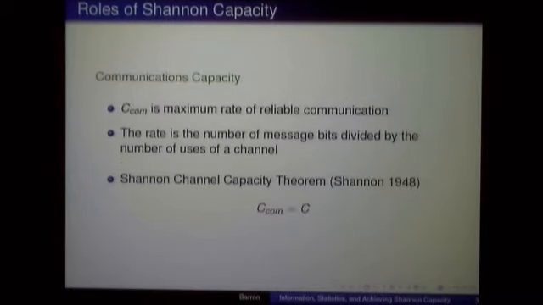The communications capacity, C_com, soon to be called C, long ago called C by Shannon, is the maximum rate of reliable communication, rate being the number of message bits divided by the number of uses of a channel, where an encoder would choose what to send from the set of messages, and a decoder would be decoding the message reliably. The largest value of that rate, the supremum of those rates, would be Shannon's capacity in accordance with his theorem.